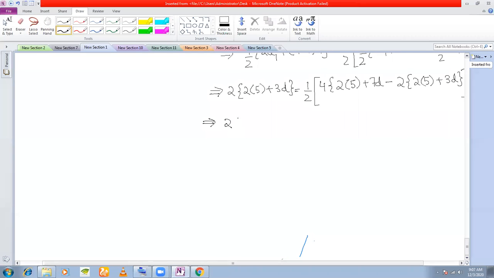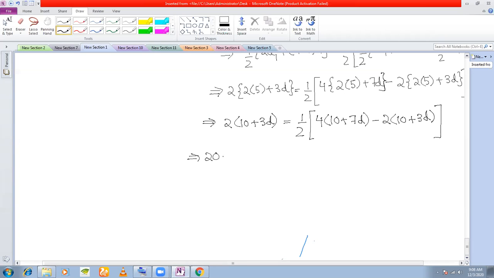So getting twice 10 plus 3D is equal to half of 4 times 10 plus 7D. Close the bracket here also. Minus twice 10 plus 3D. That means twice 20.